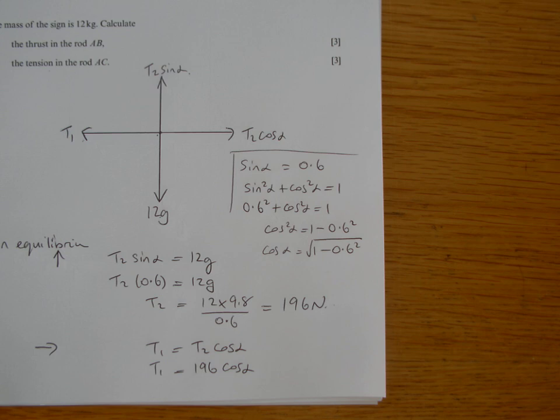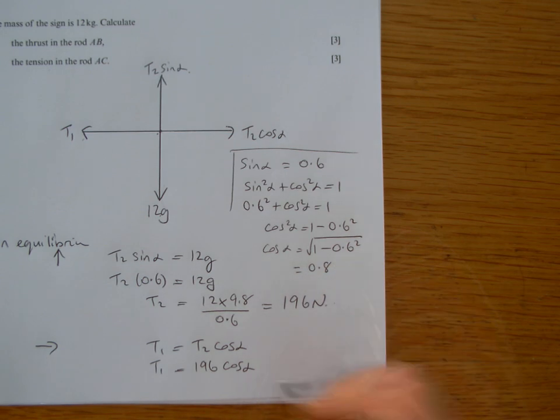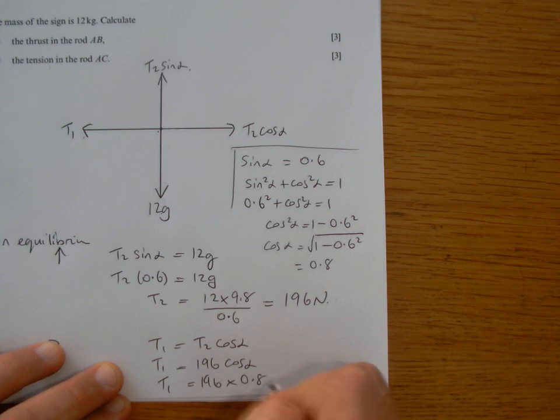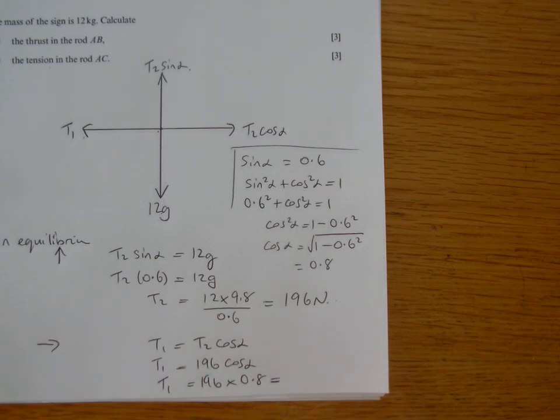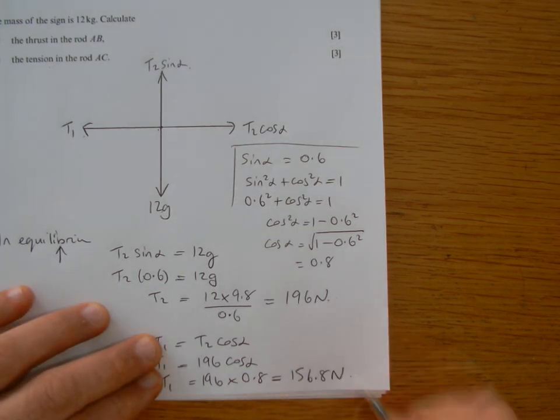If I do square root of 1 take away 0.6 squared, I get 0.8. So in my answer for T1, it'll be 196 times 0.8. I work that out on my calculator, and I get 156.8 newtons.